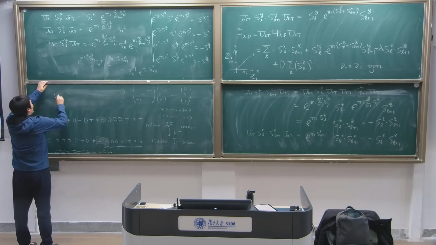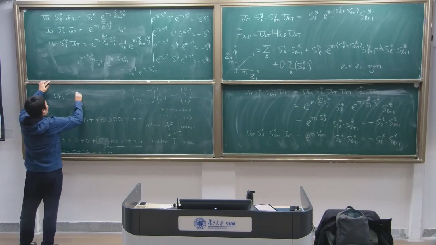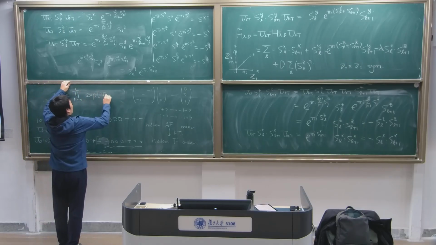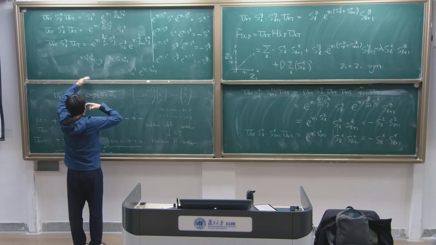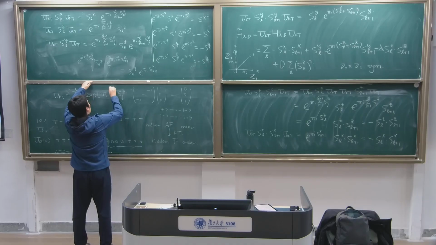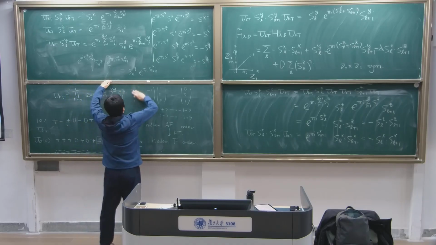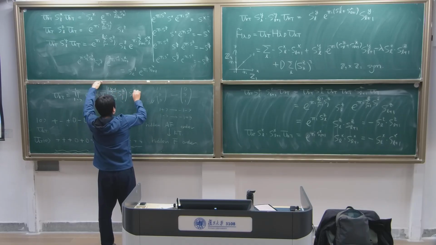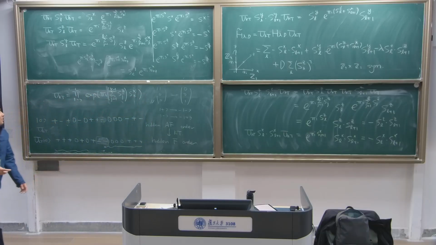The Kennedy-Tasaki transformation is a product over 1 to L of a combination of the string sum.